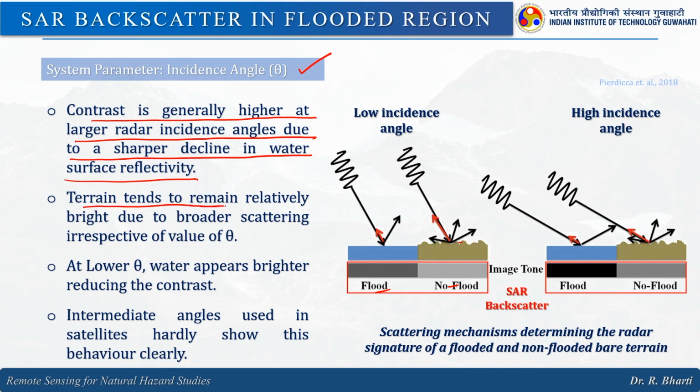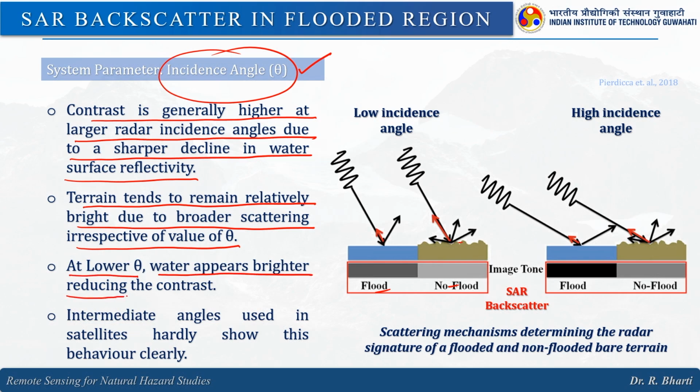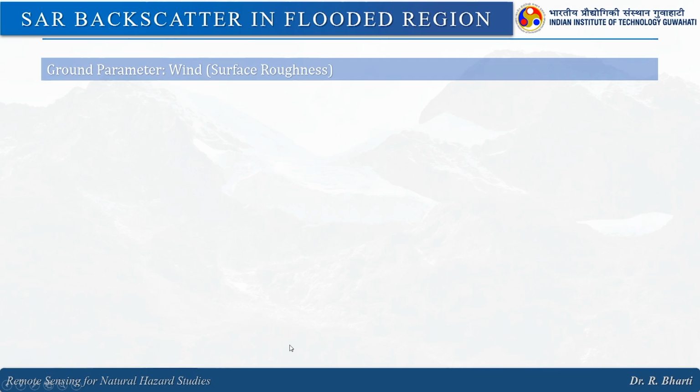Terrain tends to remain relatively bright due to broader scattering irrespective of the value of theta, that is the incident angle. At lower angle, water appears bright, reducing the contrast. Intermediate angles used in satellites hardly show this behavior clearly, because we are talking about space measurement. So, it will be very hard.